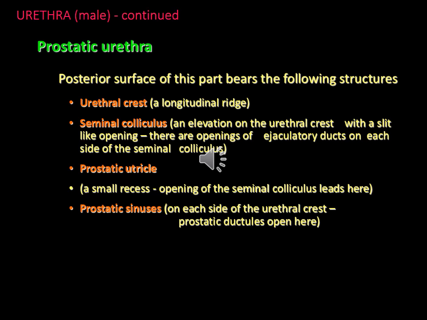For this reason, it is also called the male utricle or male uterus, because the paramesonephric ducts will form the uterus and the cervix and a part of the vagina. And in males, of course, it will regress, but it will remain as a remnant which is seen in the prostatic urethra in the form of the prostatic utricle.